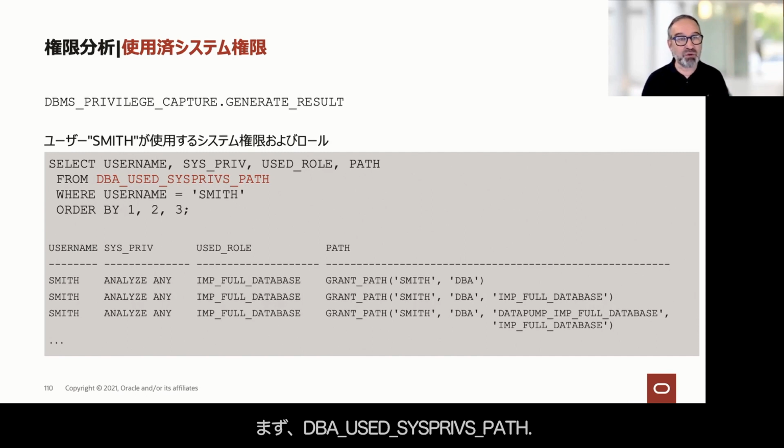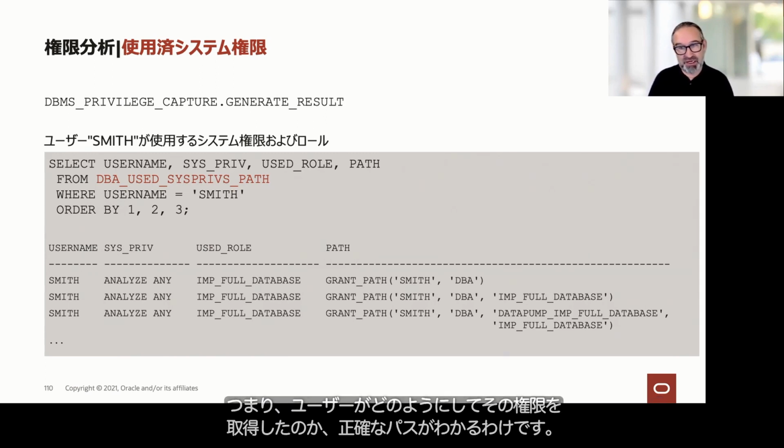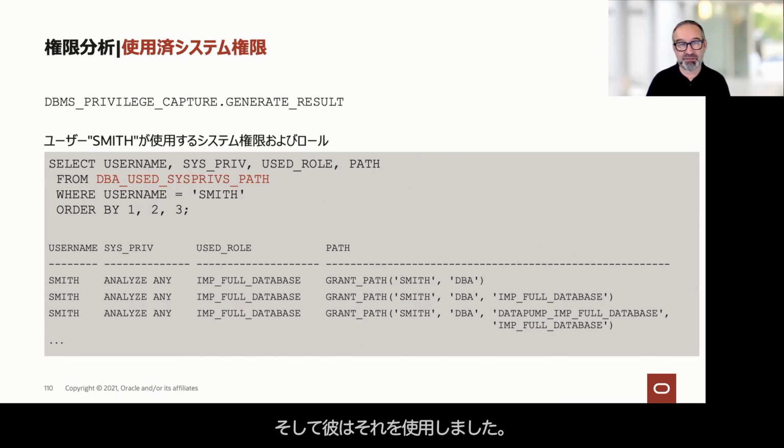But the DBA used sysprivilege path. So this tells me now that the user Smith here had analyzed any and got it through the impful database role. So you see the exact path, how the user got to that privilege. And he used it. Okay.